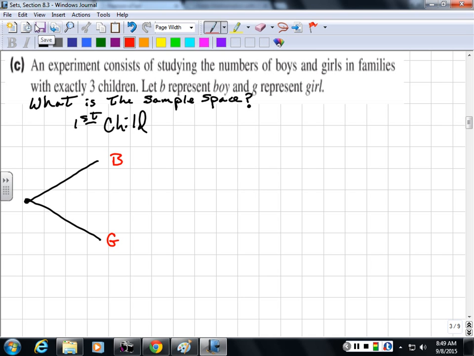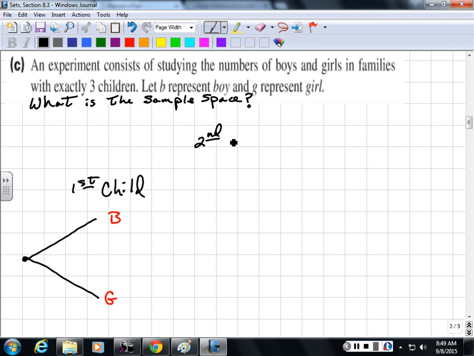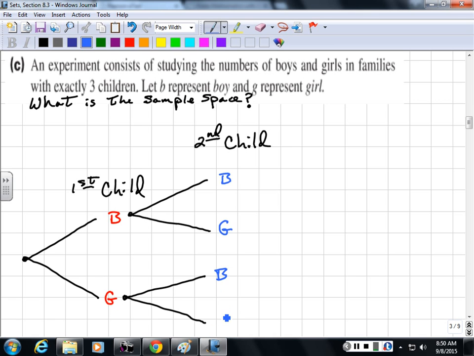The second child, and I'm going to move this down a little. Then we're going to talk about the second child. The second child, once again, is either going to be a boy or a girl. And then we're going to talk about the third child.